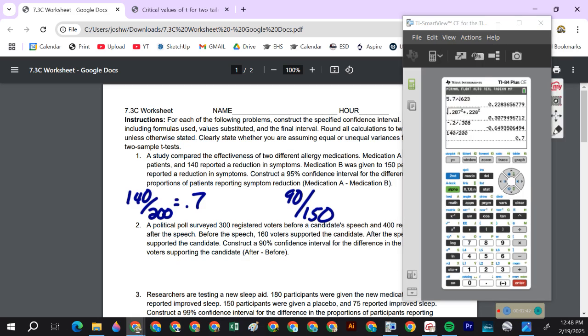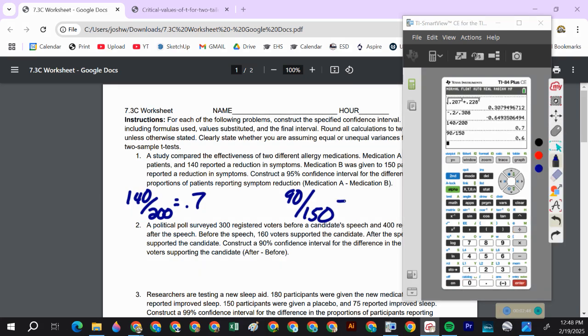Okay, and then 90 out of 150 gives us 60%. So what is the actual difference between the two? And it tells us which way to subtract. So medication A minus medication B. So the actual difference is going to be 0.7 minus 0.6, which is 0.1.